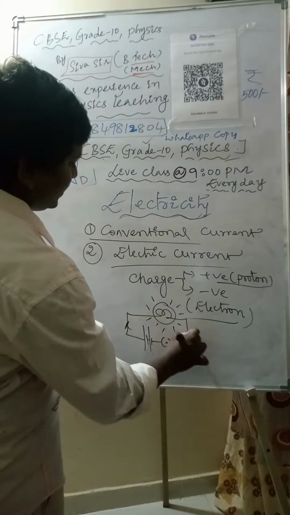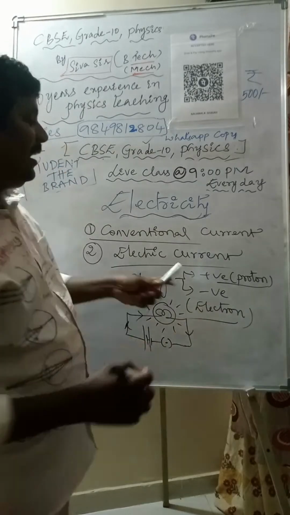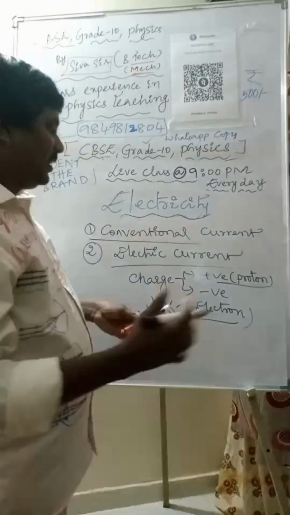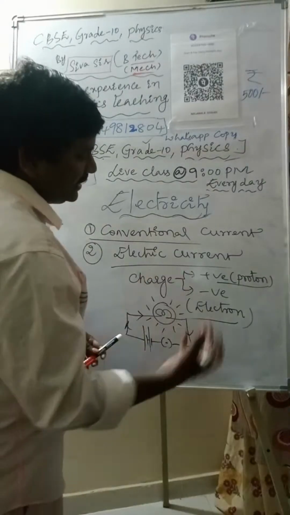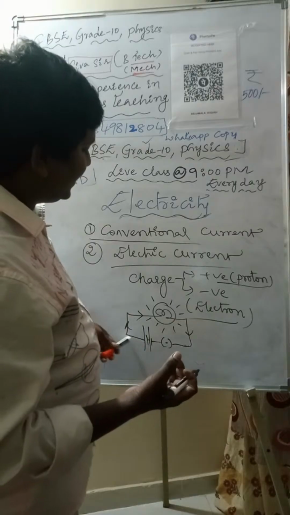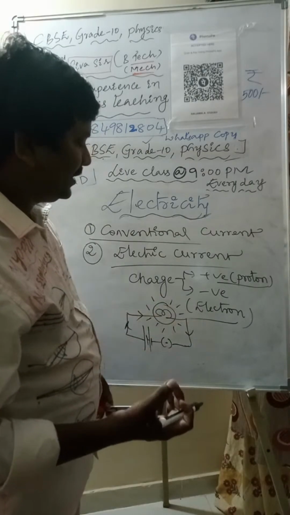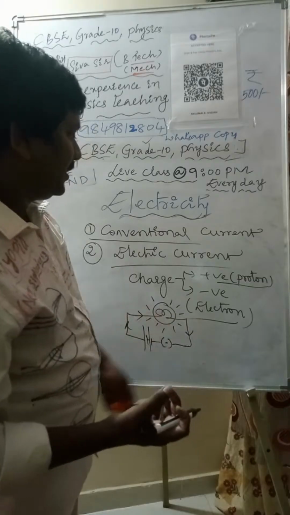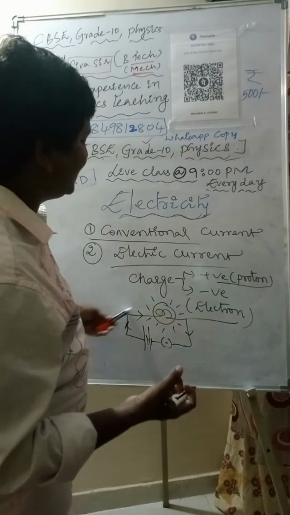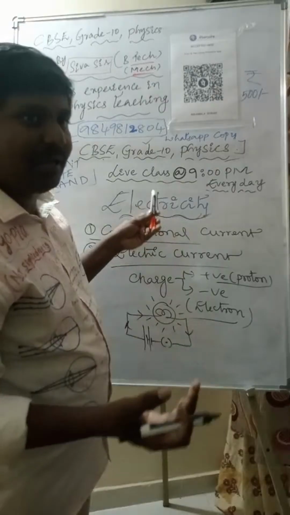Before the discovery of electron, proton, neutron, scientists had given the statement that current passes from the positive terminal to the negative terminal. So the flow of positive charges is considered as current.